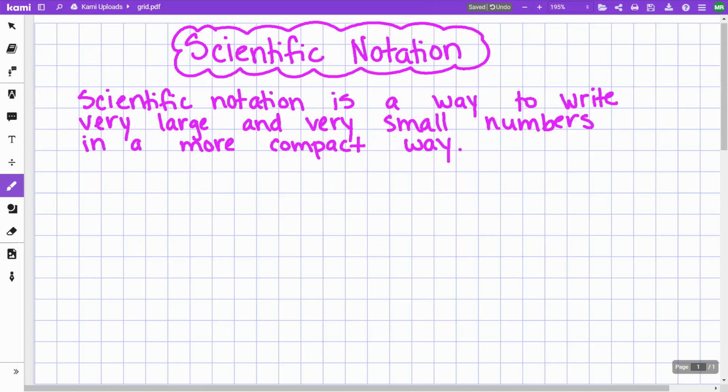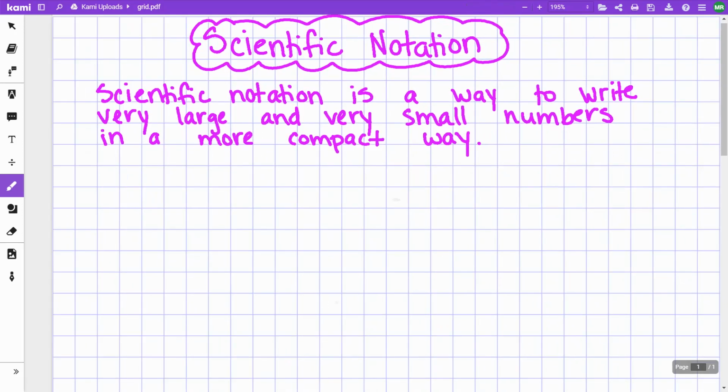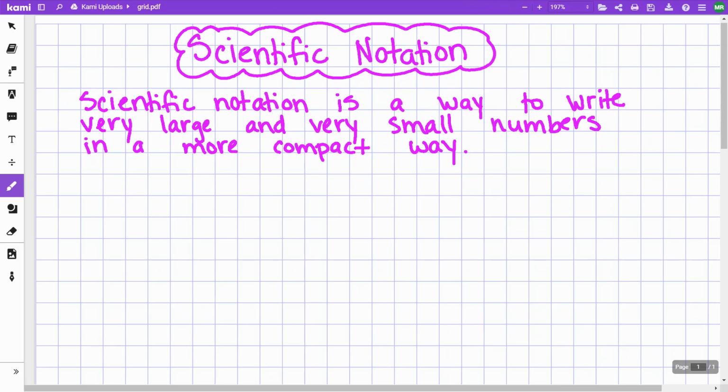Sometimes it's really hard to write a number that has a lot of zeros, either after or before the number. So this is a way of writing something in an easier way.